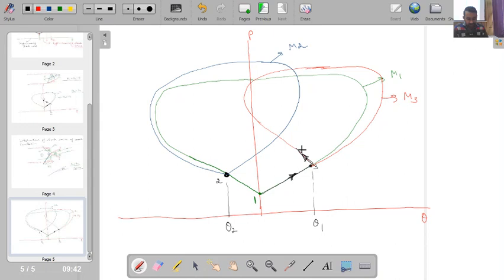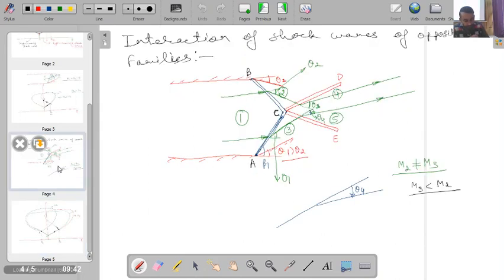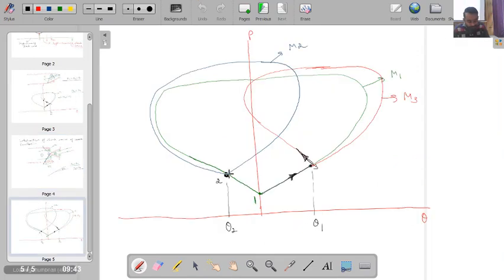Fine. And then from point 2, if you see, it has deflected like this. So this angle is in positive side. So I have to move theta 3 distance in this positive side. Okay. So from this point I have to move theta 4 distance.